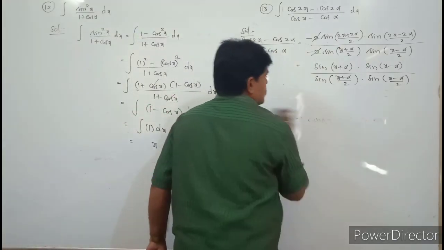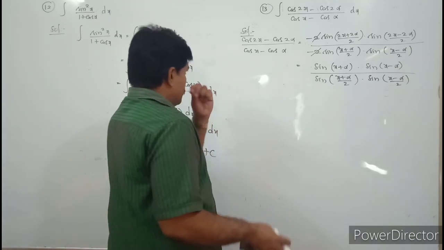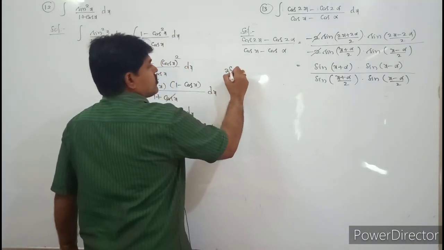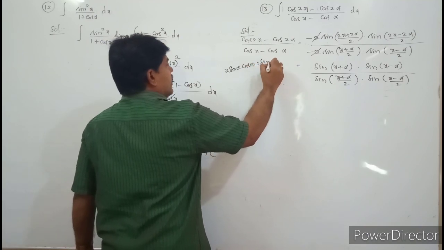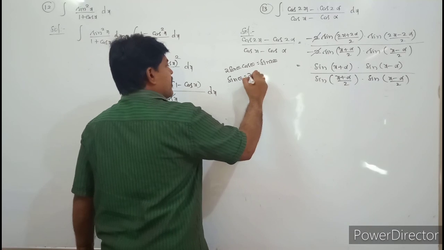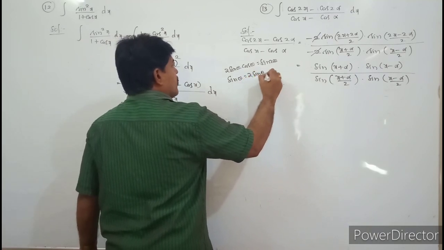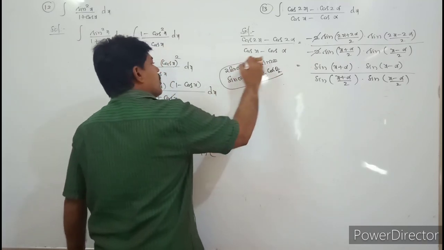So next, what is the formula you are going to use here? I already know the formula: 2 sin theta into cos theta is equal to sin 2 theta. If sin theta is there, you can write it as 2 into sin of theta by 2 into cos theta by 2, the half angle formula.